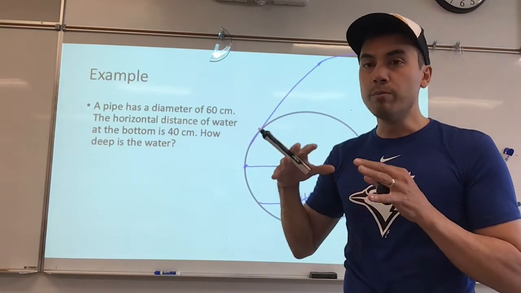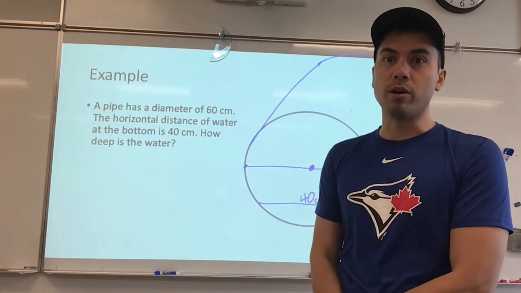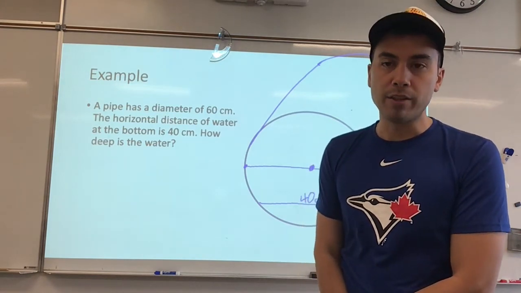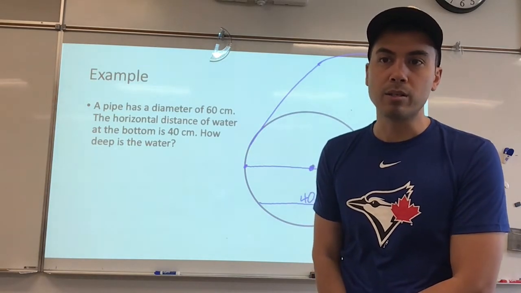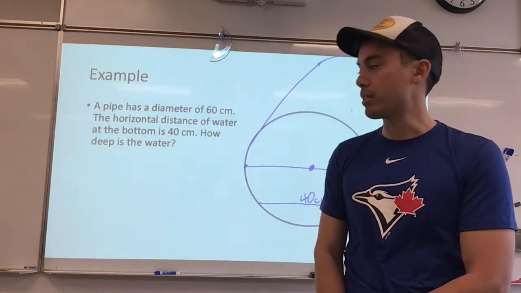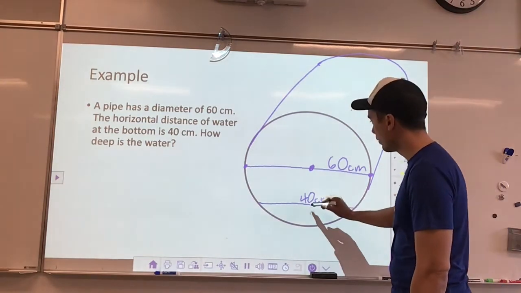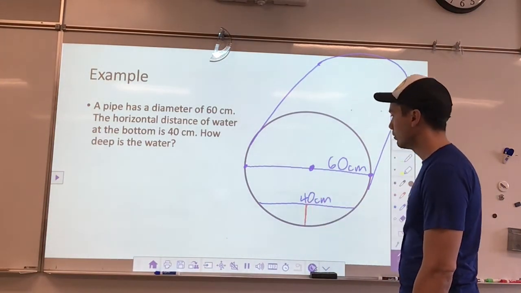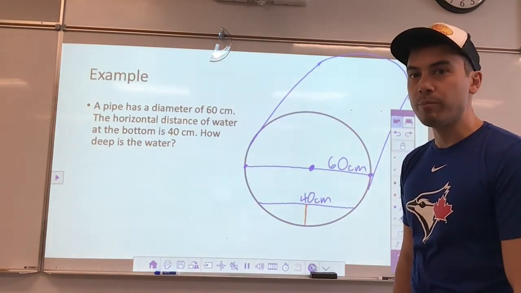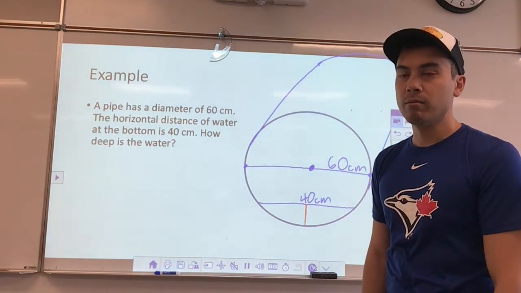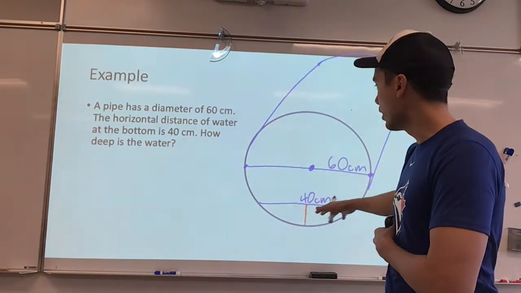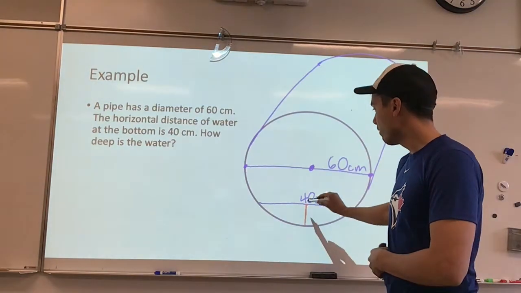Not all the important lines will be drawn for you, and in many cases, especially in 10.2, we need to modify the diagram such that we can make right angle triangles, because that allows us to solve for missing sides. Because really my question is asking me for this depth right here. So far this diagram is not very helpful. In many of your 10.2 questions, your diagrams as they are right now are not that helpful. I need to change this. I need to change these lines and reposition things so that I can figure out this depth.